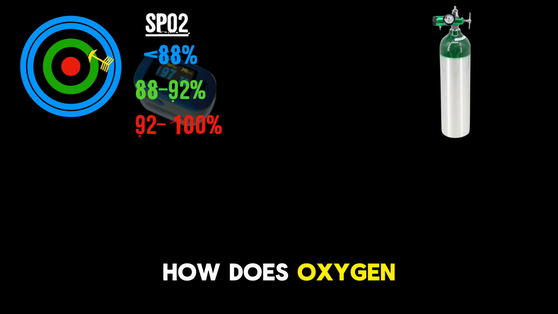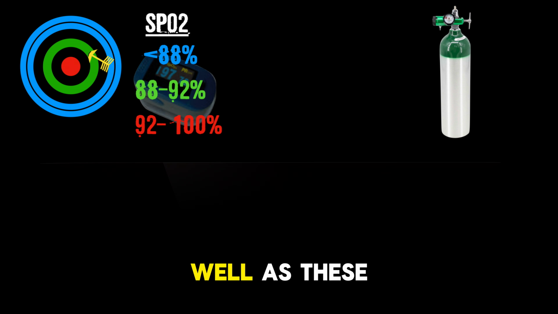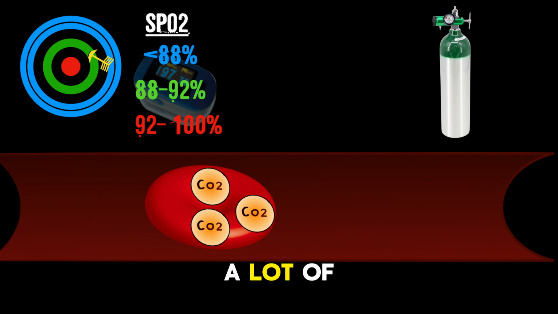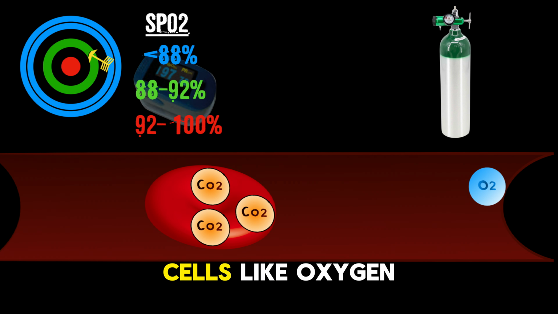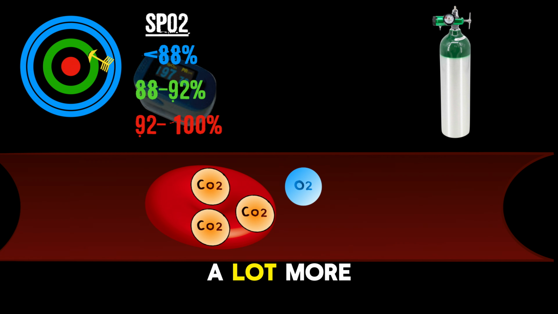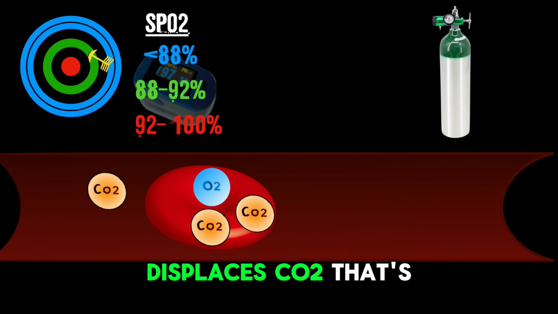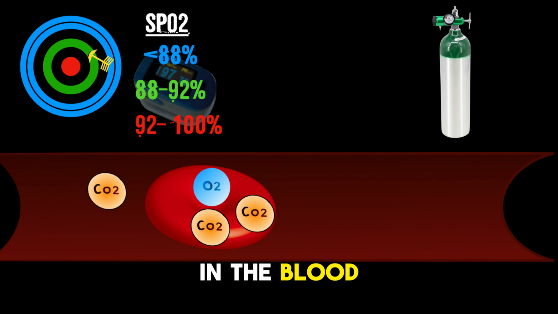How does oxygen cause acidosis? Well, as these patients' bodies start to fill up with CO2, a lot of it adheres to the red blood cells. But red blood cells like oxygen a lot more than they do CO2. So when we start putting oxygen on this patient, that oxygen displaces the CO2 that's in the blood.